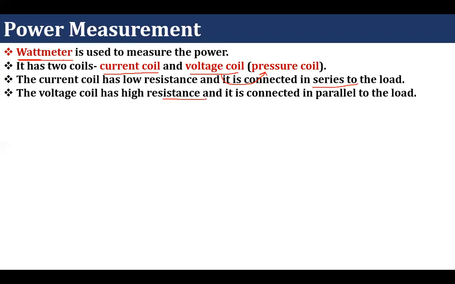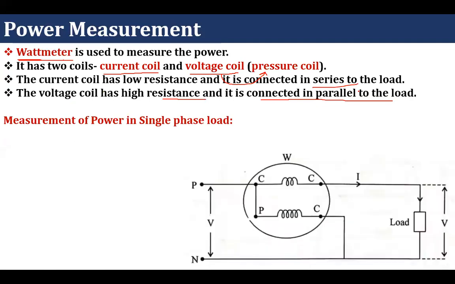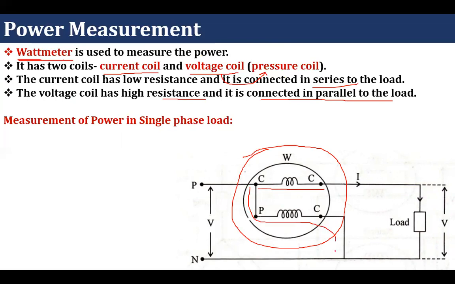We know that a voltmeter is always connected in parallel fashion, and so it must have high resistance, and so it is connected in parallel to the load. So in case of single phase load, we have to do the connection of wattmeter in this manner. Current coil should be in series and this pressure coil or voltage coil must be in parallel.